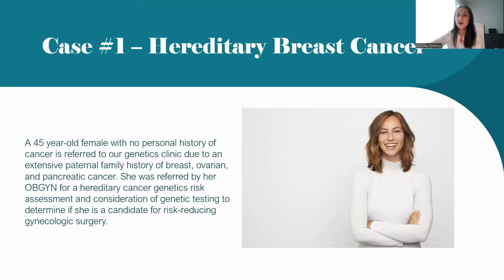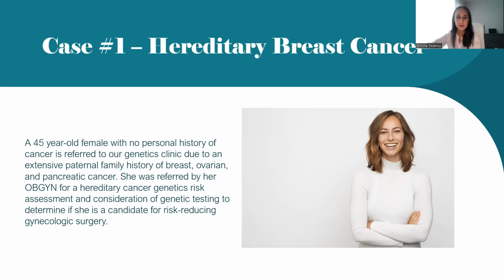Now, I want to get into our case examples because I think these are pretty interesting. I first wanted to focus on our hereditary breast cancer case example. Just to give a summary of what's on the screen here, I don't want to read it out as I know you all can see it. But the short summary is that we had a 45-year-old female, no personal history of cancer, referred to our genetics clinic by her OBGYN.